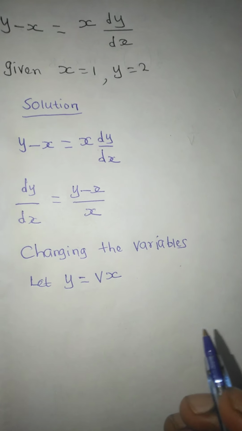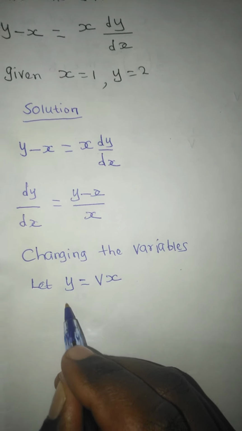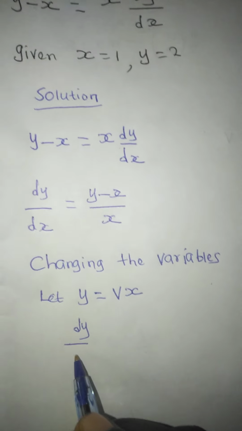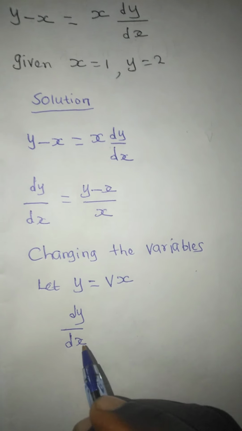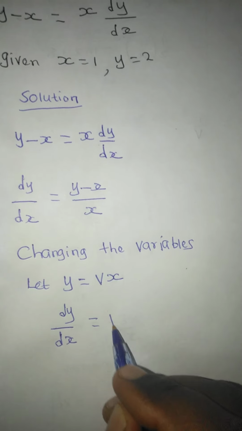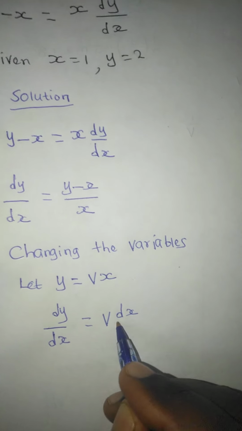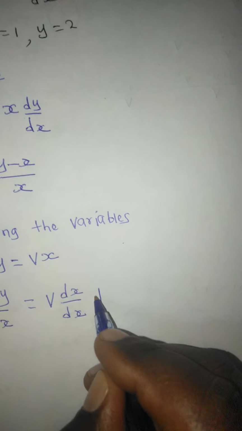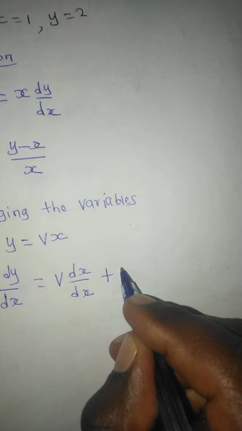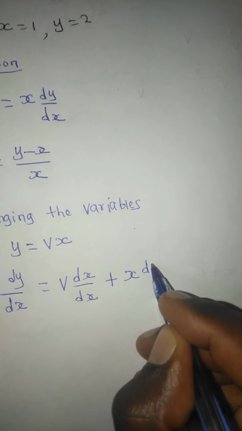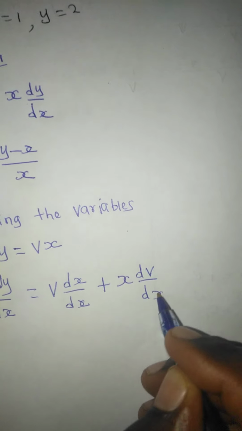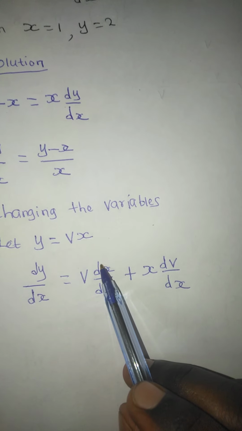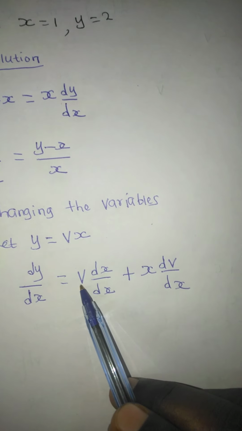When you let it that way, then dy over dx is equal to v dx over dx plus x dv over dx. So from here, dx and dx will cancel, and we will remain with only v.